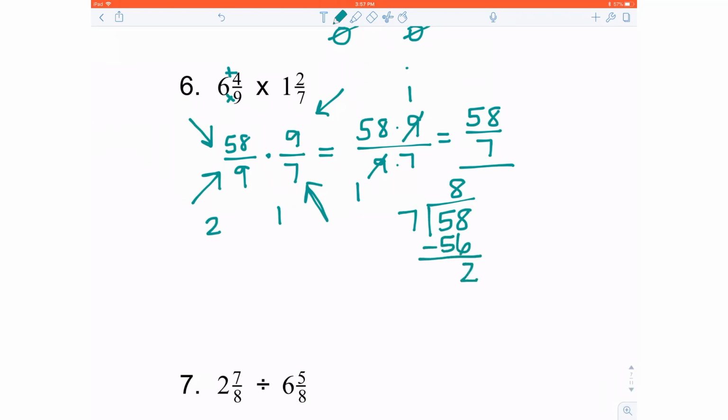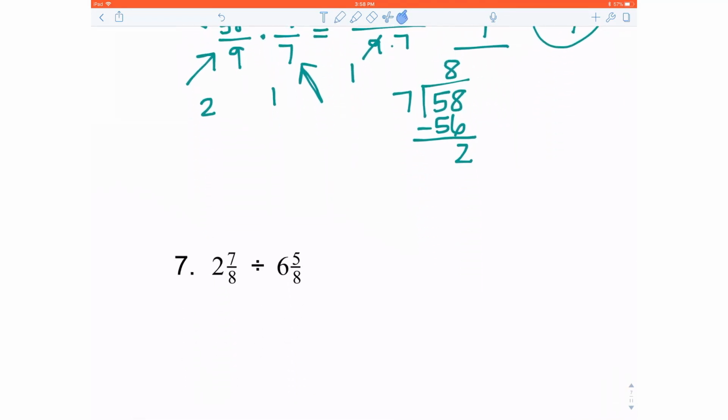And that leaves us with a remainder of 2. So my whole number is 8. My denominator stays the same, so it's 7, and my remainder, or my numerator, is now 2. Okay? So that's our answer. I hope that made sense.